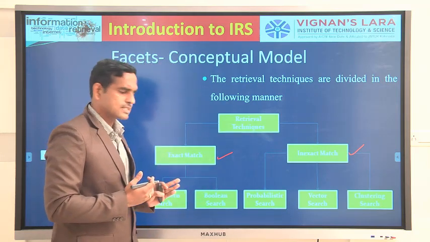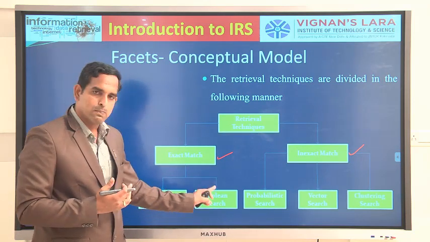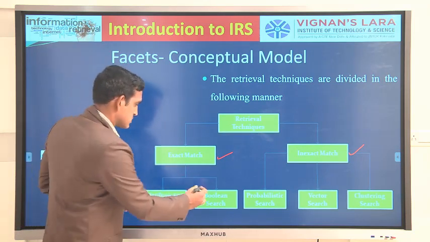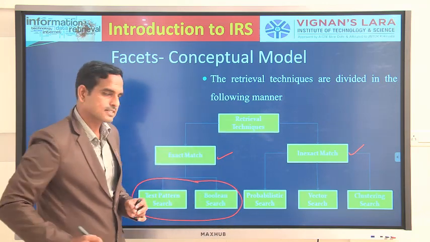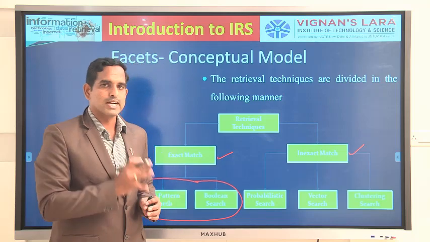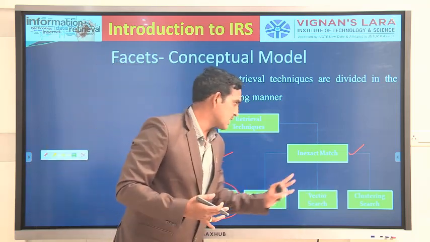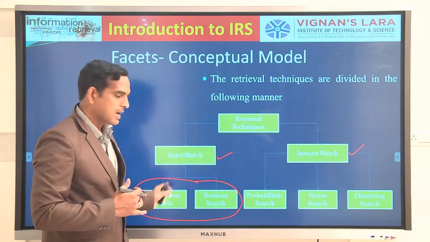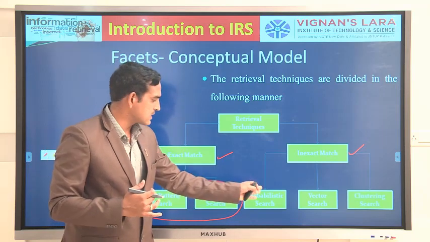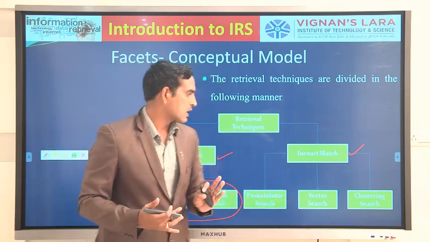So exact search would be done either by using text pattern search or Boolean search. Both these things are your exact searches where the document should contain whatever keyword you are searching for. Okay, these 3 things are inexact searches. We'll be looking at them one by one. That is, what is text pattern search, what is Boolean search, what is probabilistic search, what is vector search, and what is clustering search.